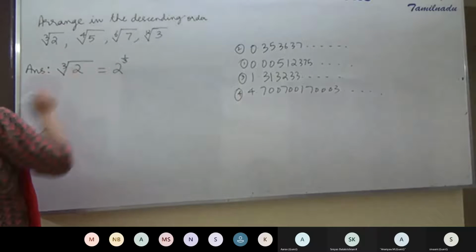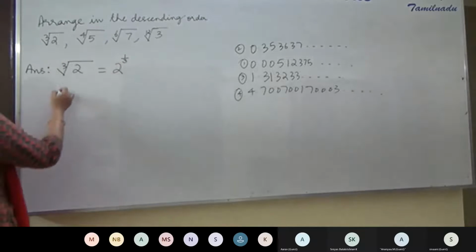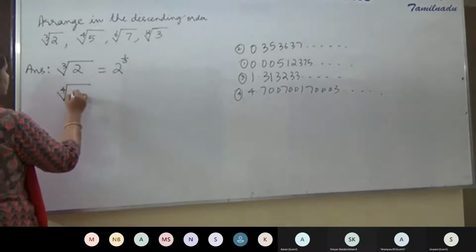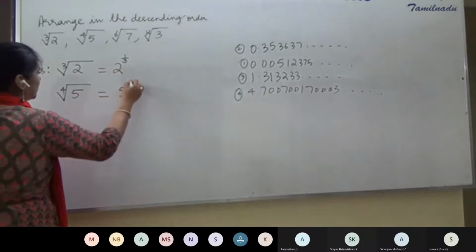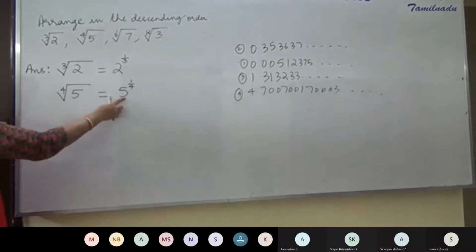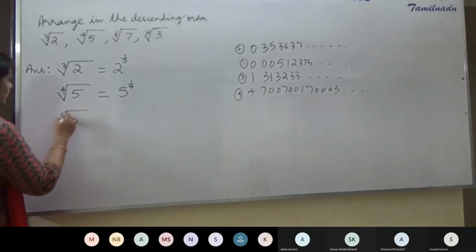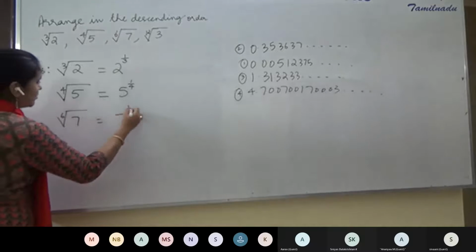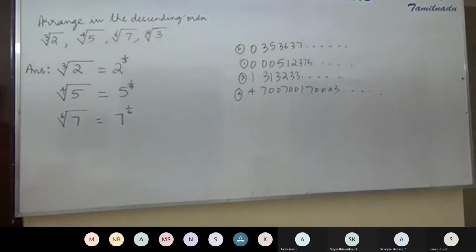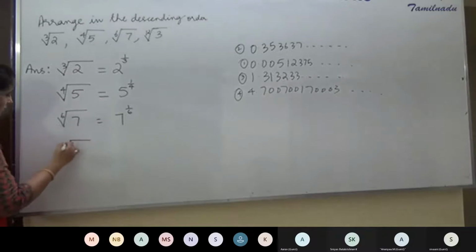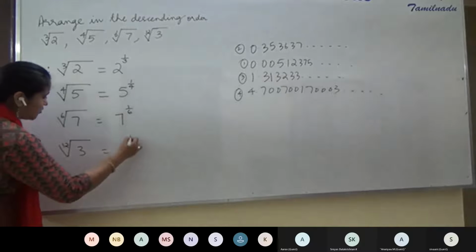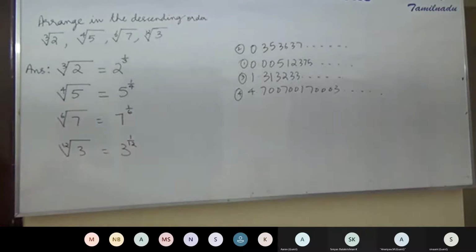Cube root means to the power 1 by 3. Similarly, fourth root of 5 can be written as 5 to the power 1 by 4. This is the base, 1 by 4 is the power. Sixth root of 7 can be written as 7 to the power 1 by 6. And the 12th root of 3 can be written as 3 to the power 1 by 12. Please write down this, children.